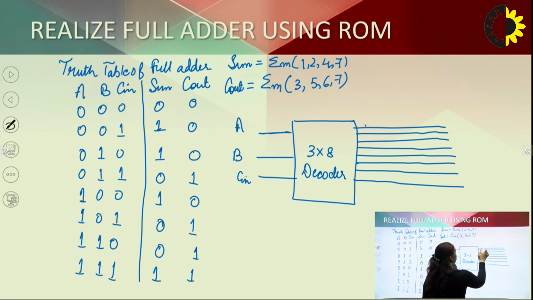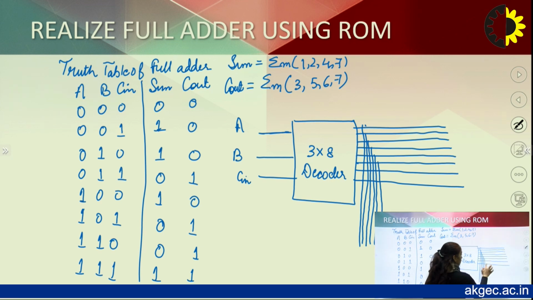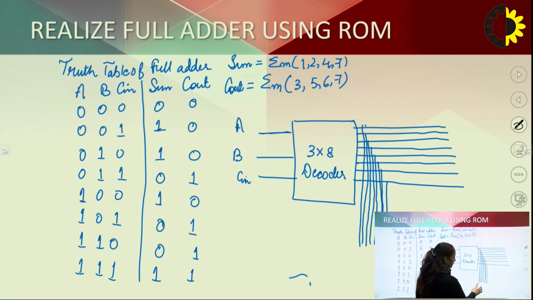In another representation, all the lines are connected to the OR gate, and here we have the fuse links.